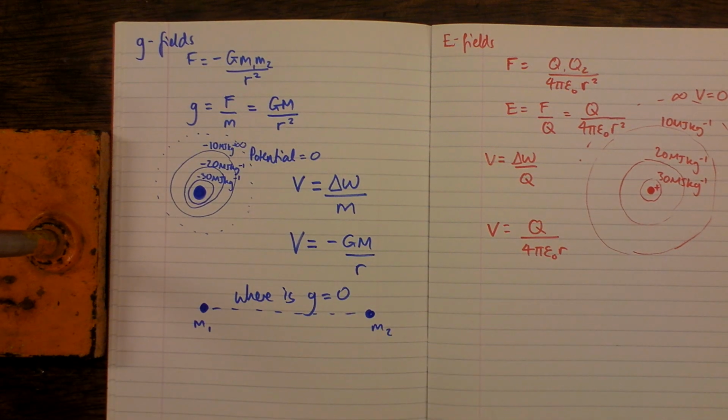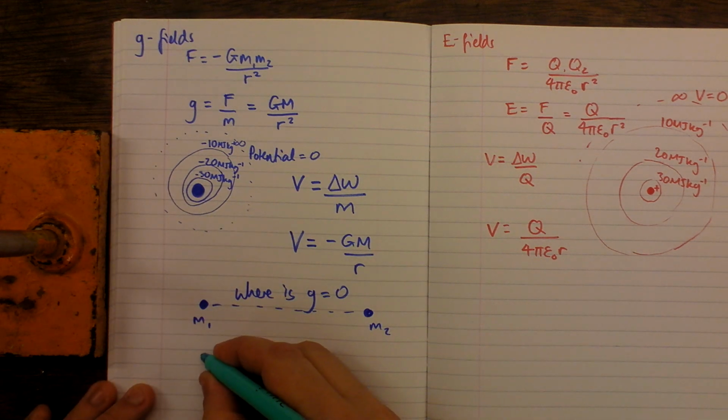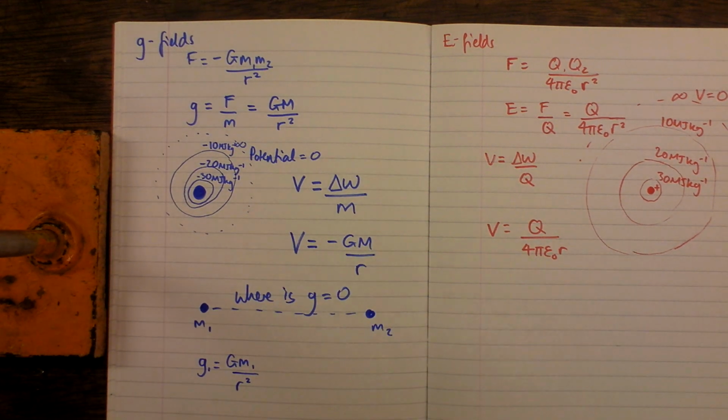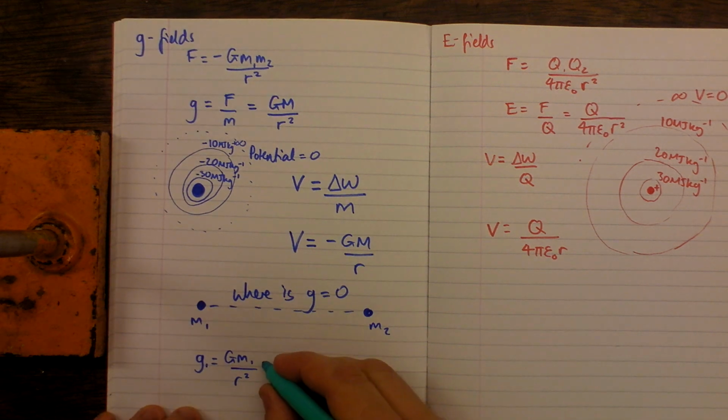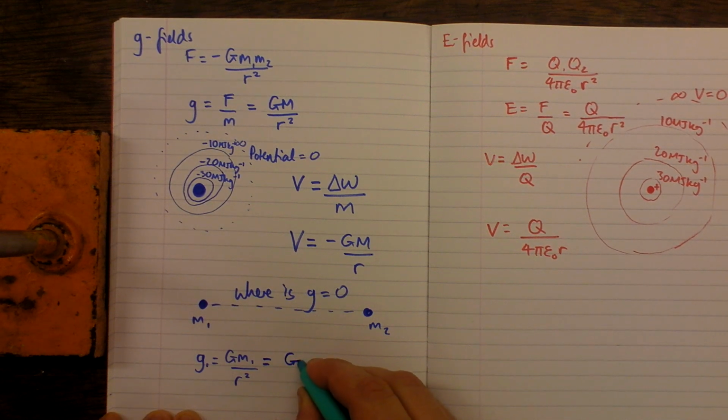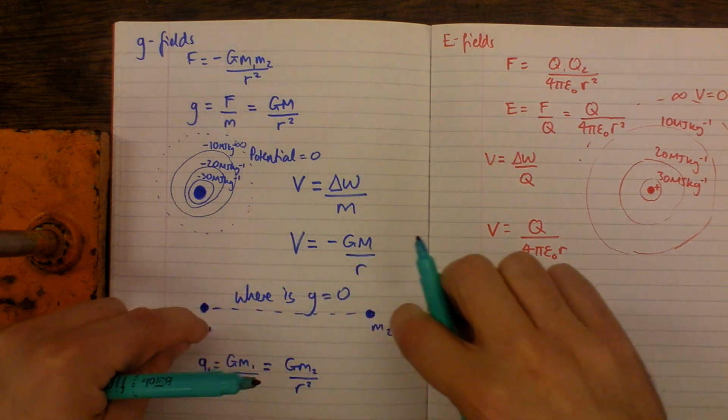The easiest thing to do is to say, well, my gravitational field strength from M1 is equal to G M1 over R squared. And gravitational field strength is a vector quantity, so that's got to be equal and opposite to G M2 over R squared. The two field strengths have to be equal and opposite, pulling in opposite directions.